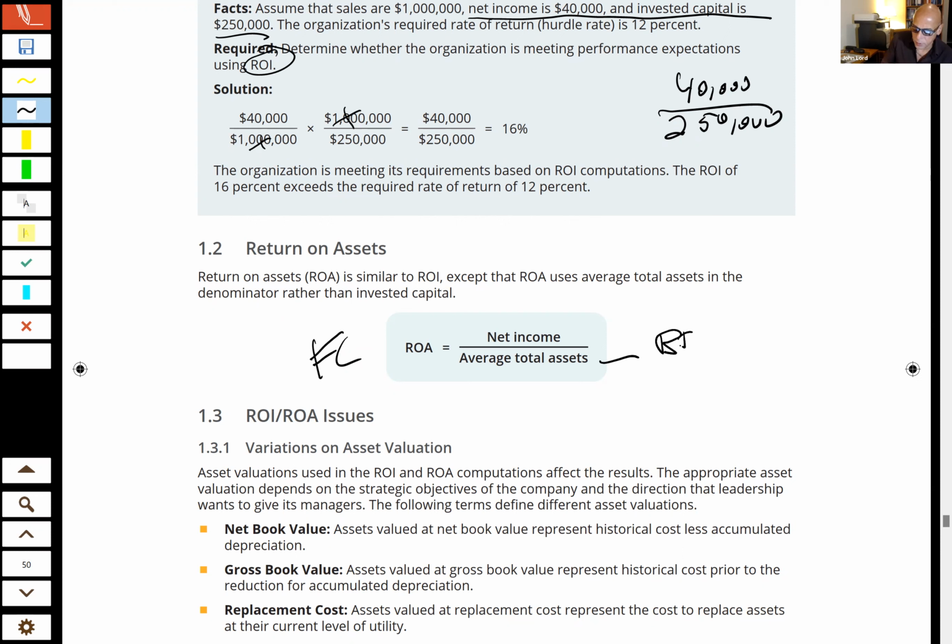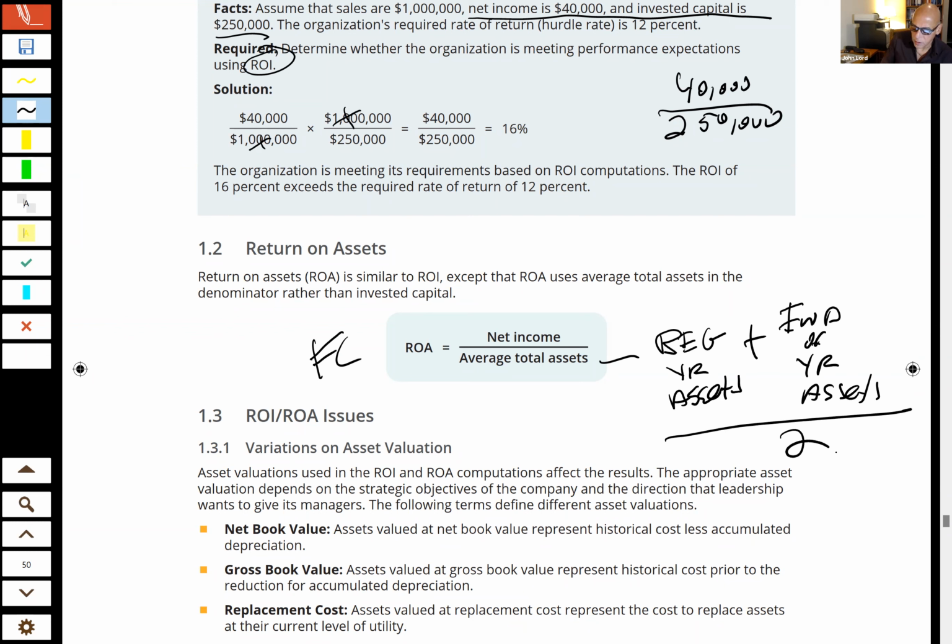I think you know this, but total average assets is beginning of year assets plus end of year assets, and since there are two numbers in the numerator, in the denominator we divide by 2 to get the average.